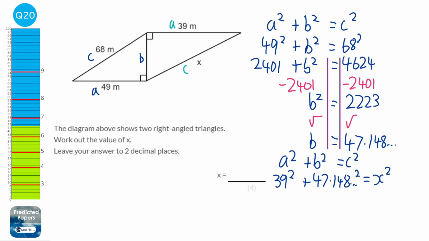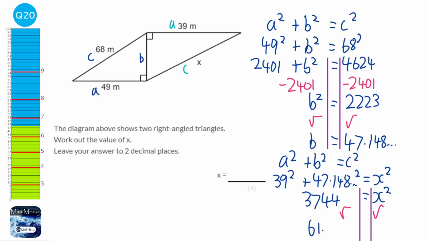So we do 39 squared plus 47.148 squared, and that will be 3,744 equal to x squared. We'll get our lines in because we need to square root both sides, and we get 61.188 and so on, is equal to x. It says it wants two decimal places, so that will be 61.19.